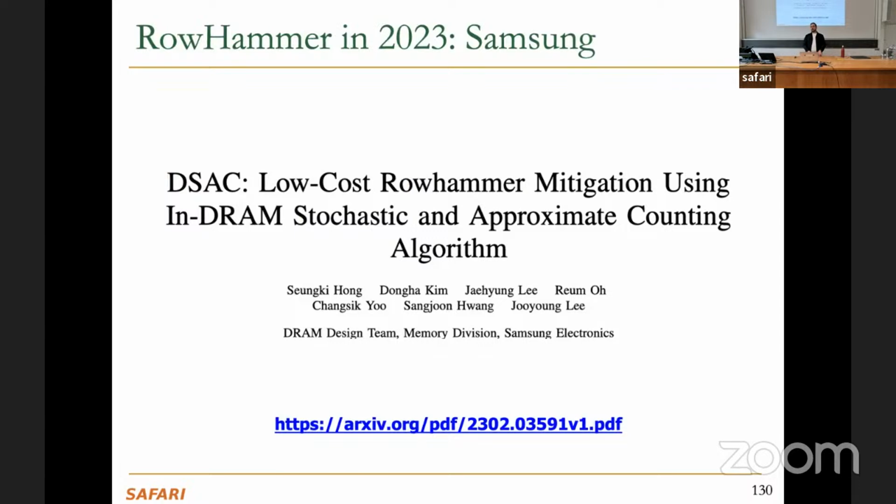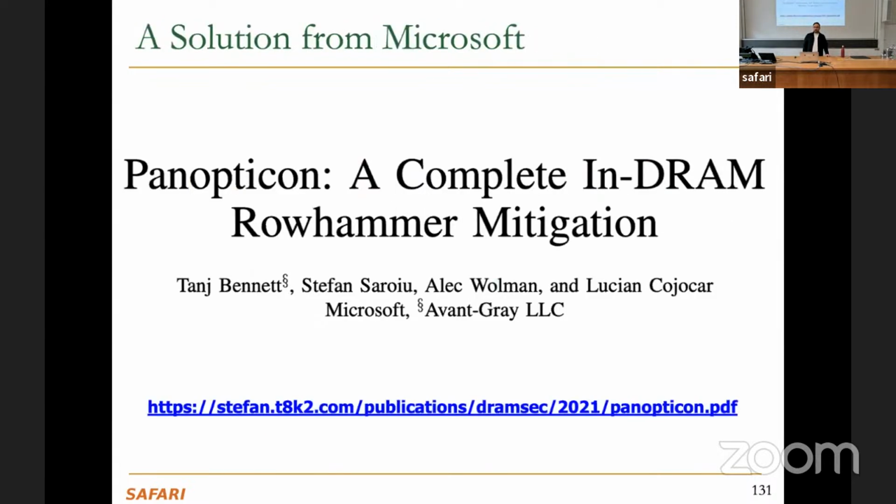There's another paper from Samsung that proposes some in-DRAM stochastic and approximate counting algorithms. And this paper was actually bypassed by the Google paper recently that I showed at the beginning of the previous session. And there's another paper that we had from 2021.